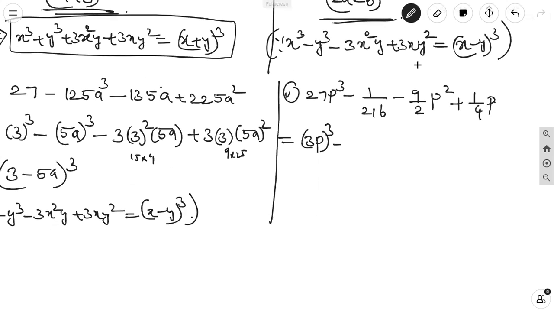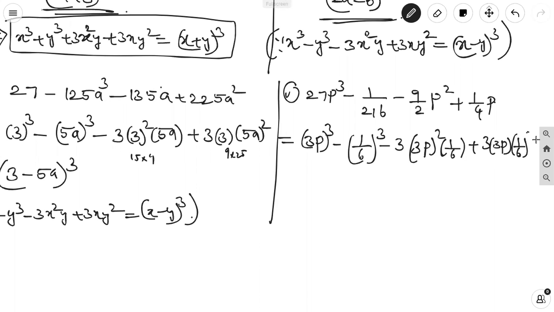So it is 1 by 6 whole cube minus 3a square, a square means 3p whole square, b is 1 by 6 plus 3a is 3p, b square is 1 by 6 whole square.